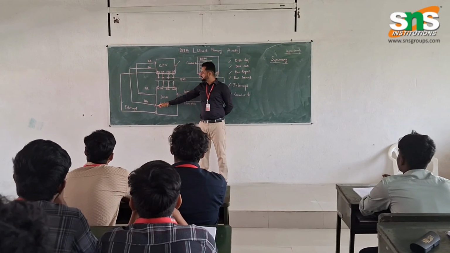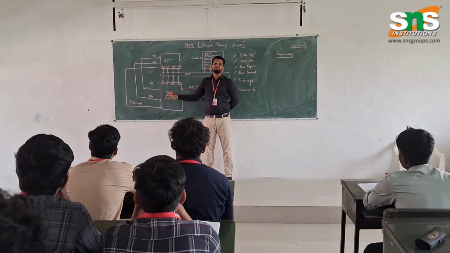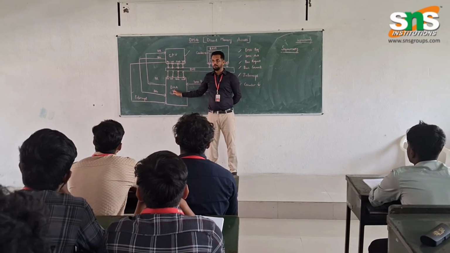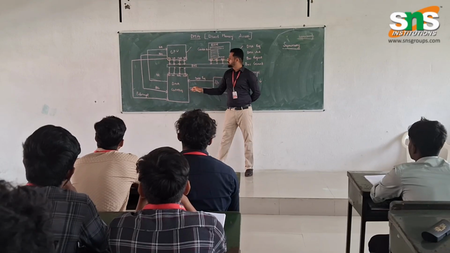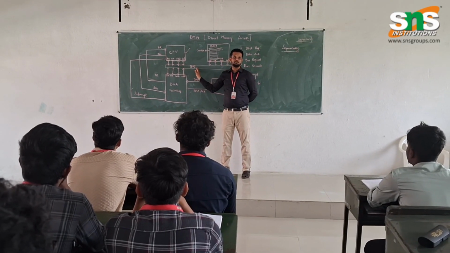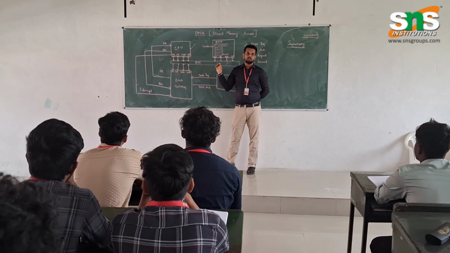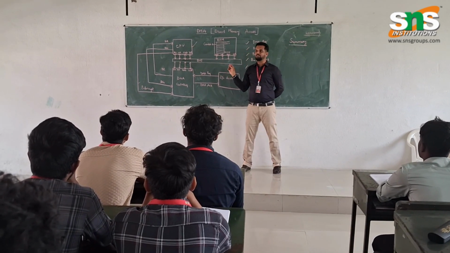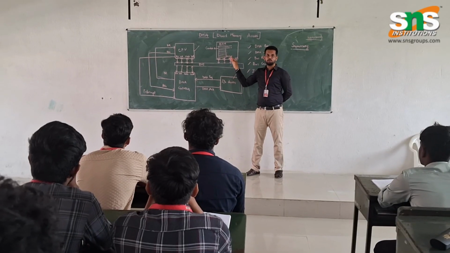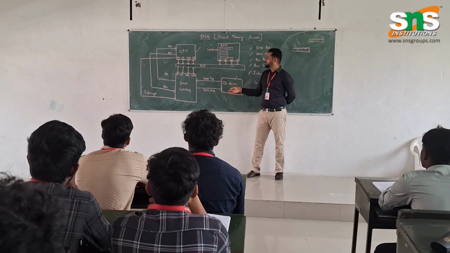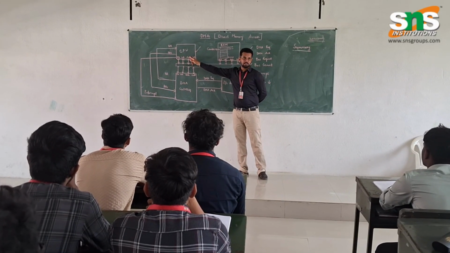Once the BG signal is received by the DMA controller, it means the CPU has given permission to take over the bus. The bus is nothing but a path used to take information from one place to another. The main process of transferring the data is from memory to I/O device, and for that we receive permission from the CPU.